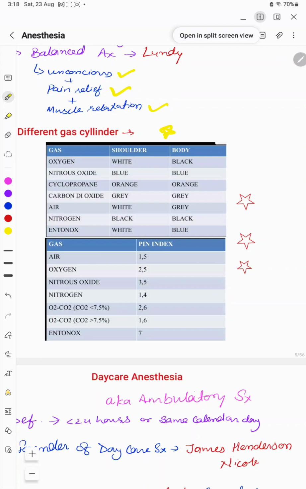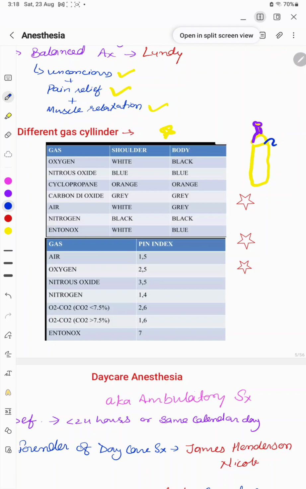So like gas, oxygen, the color of the cylinder: this is the cylinder and this is the shoulder. You can see the color for oxygen.